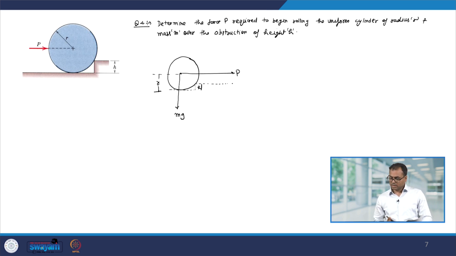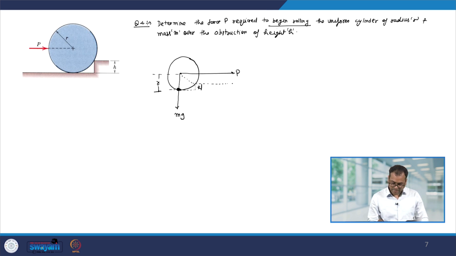Now, since this cylinder is just beginning to roll, it will detach from this point, therefore no reaction will act over here.